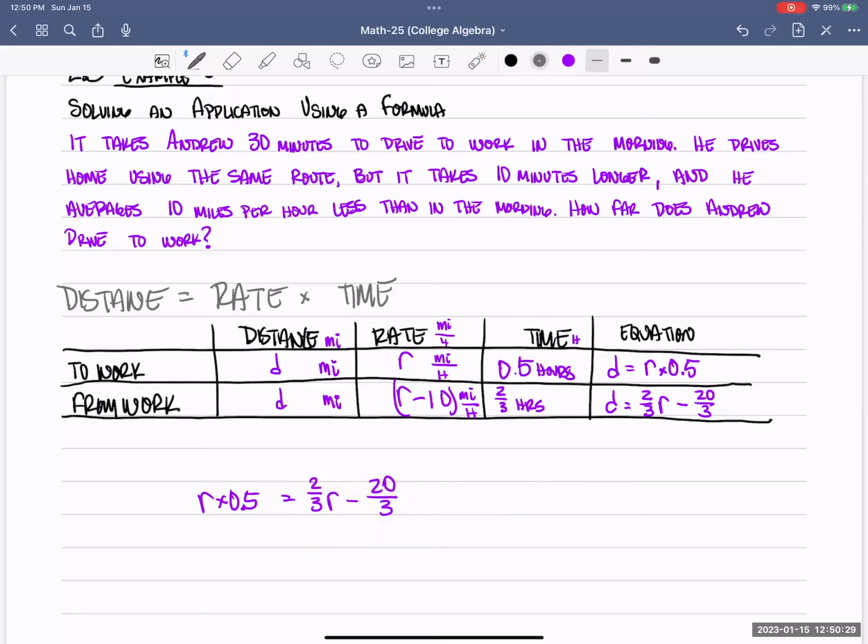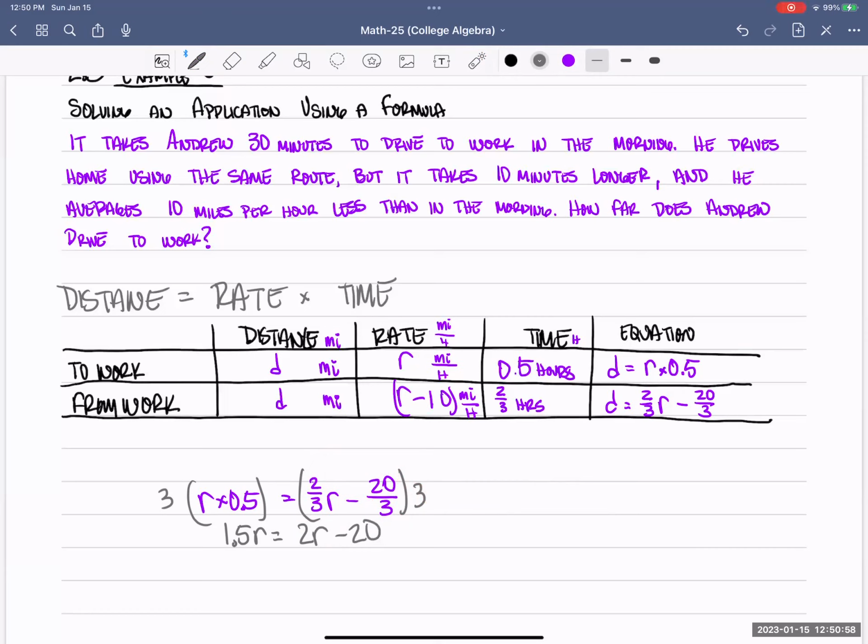So I'm just going to multiply both sides by 3 to get rid of those fractions. So 0.5 times 3, that gives us 1.5. 1.5r is equal to, when we multiply the 3 over here, it divides out. So we're left with 2r. When we multiply the 3 over here, that divides out. So we're left with a negative 20.